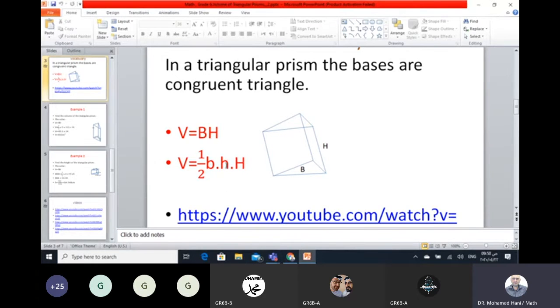Or you can use H small for both, but you must know the difference between them. The first H means the height in the triangle. The second H means the height in the triangular prism. So this is the difference between them.